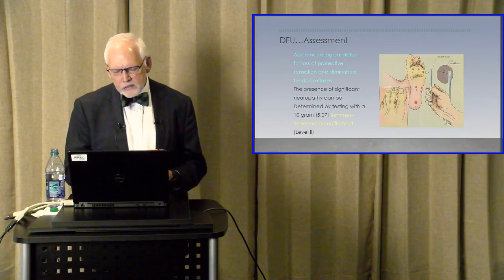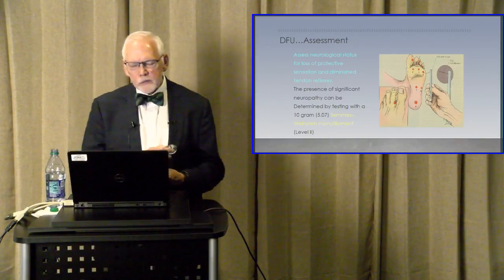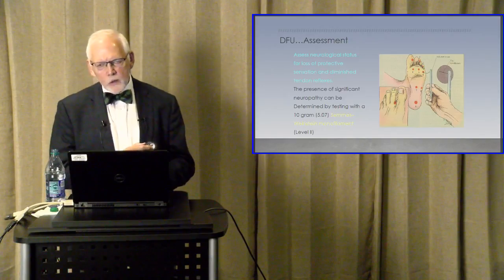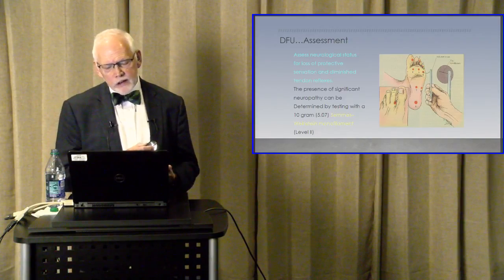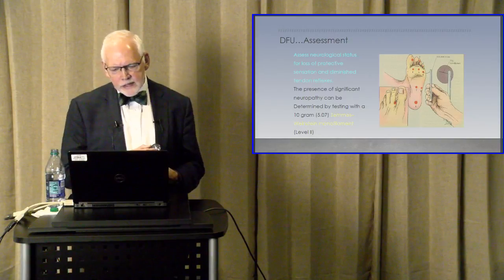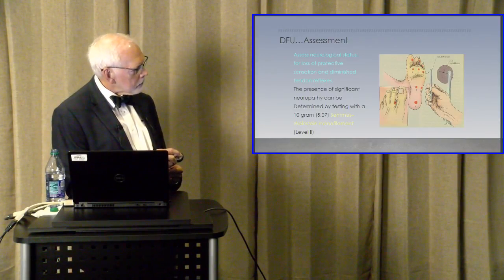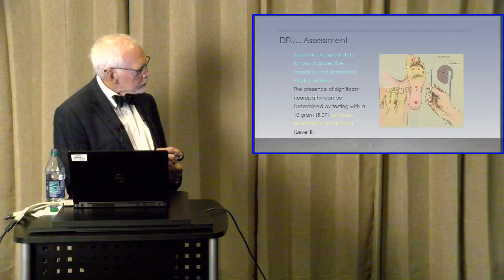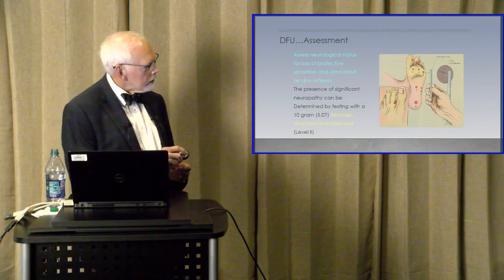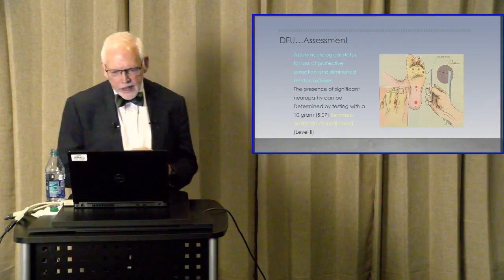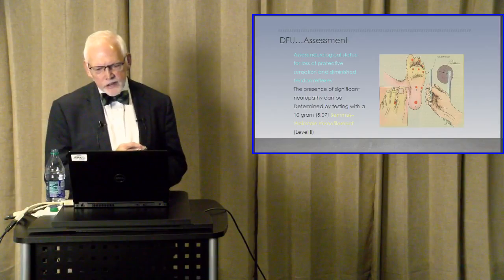So how do you assess for the ongoing cause of problems in diabetic feet? The main thing is you decide whether they have diabetic polyneuropathy or not. This is a Semmes-Weinstein test. It uses a 10-gram monofilament, and you just put it in different spots on the foot and press down enough to bend the monofilament and ask the patient if they can feel it.